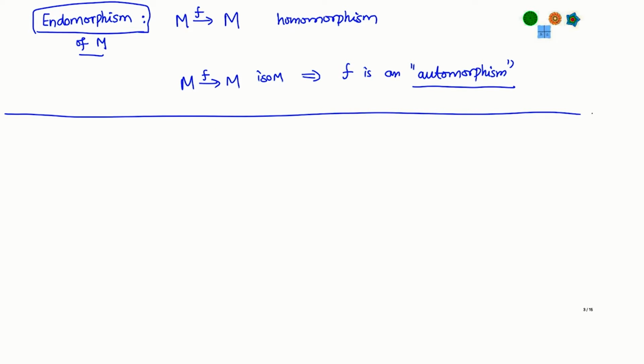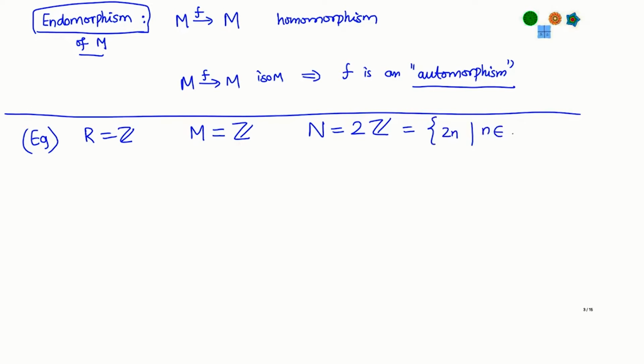Now let's look at some examples of isomorphisms. If I take my ring to be the ring of integers, then modules are nothing but abelian groups. So let's take the abelian groups Z and 2Z. 2Z just means the set of all even integers.